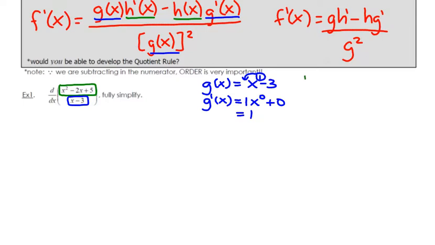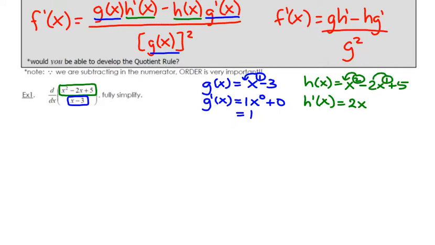Now let's do the h. So h of x is equal to x squared minus 2x plus 5. The derivative of that is going to be, do the power rule again, bring the 2 down. So you're going to have 2x, and then that 2 exponent is going to subtract 1, which makes it x to the power of 1. And I'm not going to write the 1. Now this has an exponent of 1.